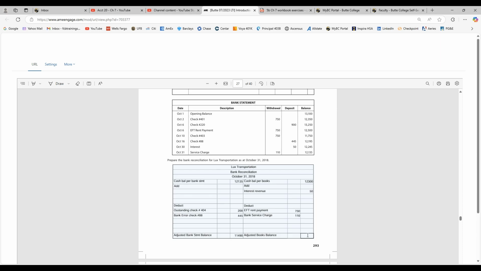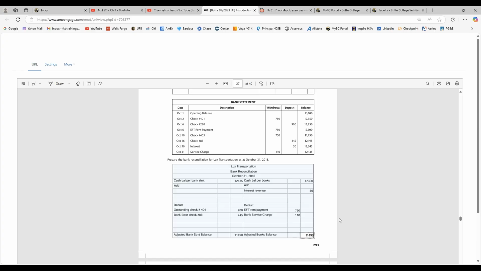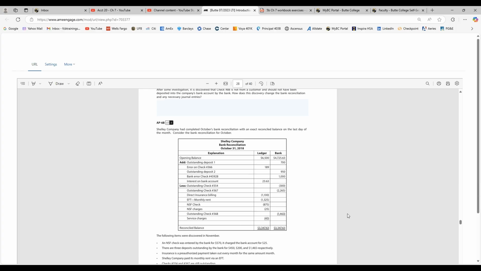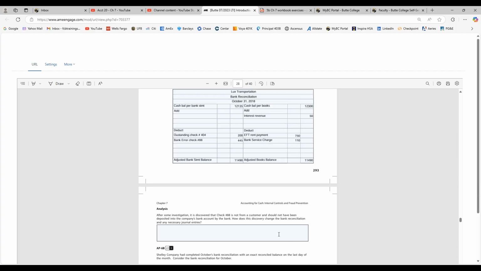So, yep, we did our math right, and our bank reconciliation was looking good. And typically we would need to do the journal entries, and as I look at this, I don't think I printed out the specific part of this problem for you in your paper packet. So if you don't see this in your packet, then that's okay. The bank error was included as a deduction from the bank statement balance.